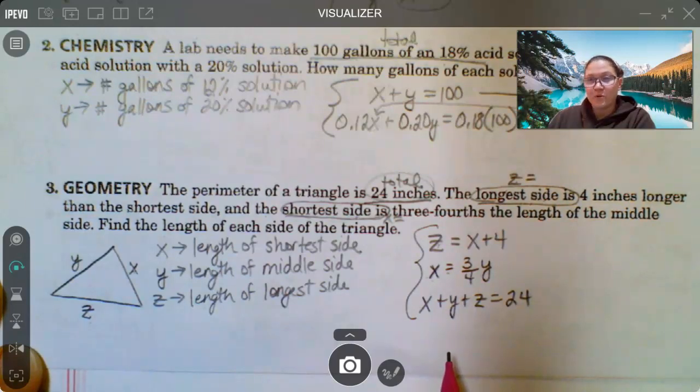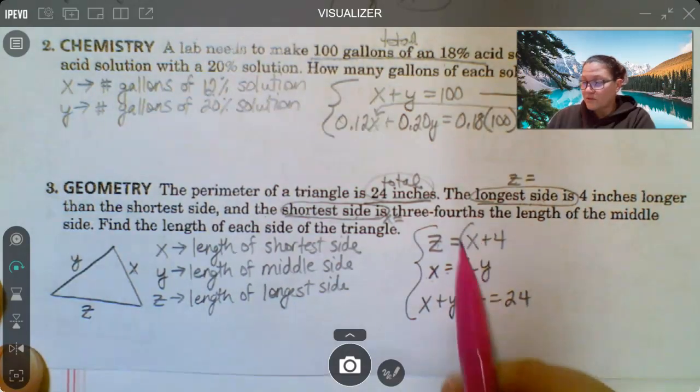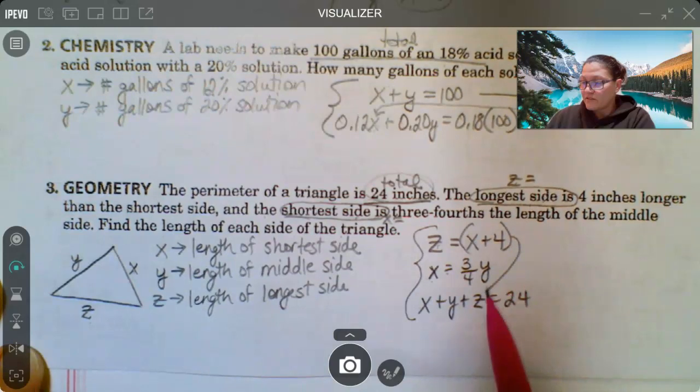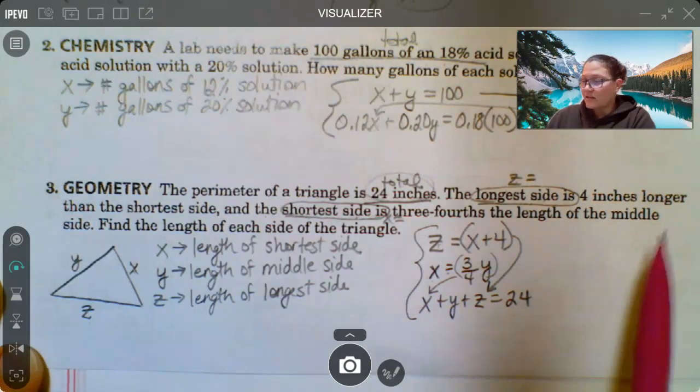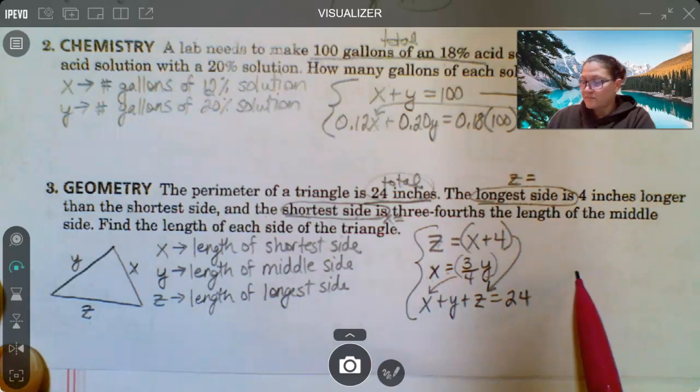However, we have multiple substitutions. So we are going to substitute X plus 4 in for Z. And then 3/4 Y, we can substitute in for X. And then this equation, we can solve and then substitute in something else.